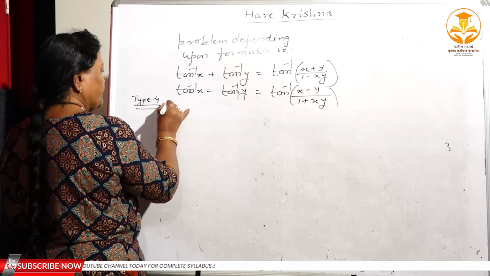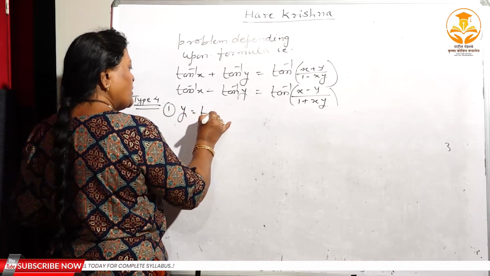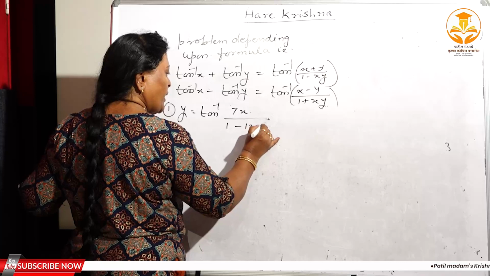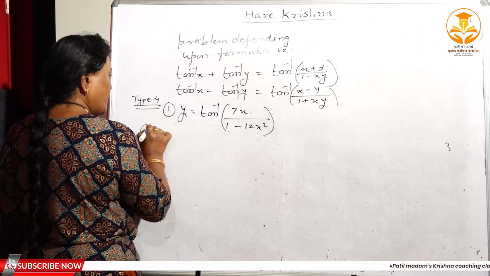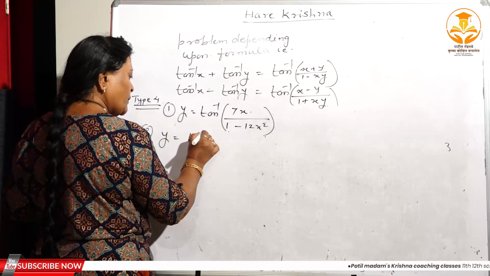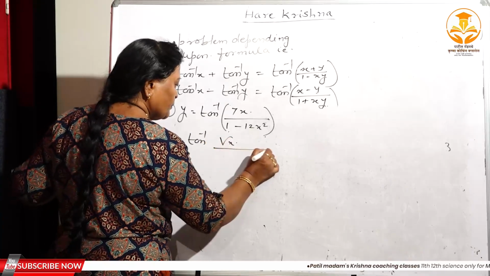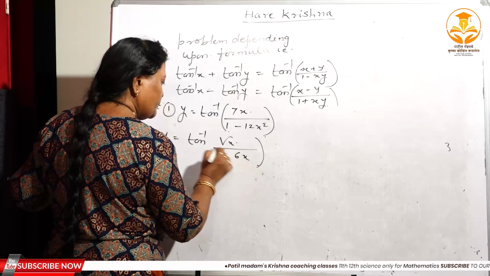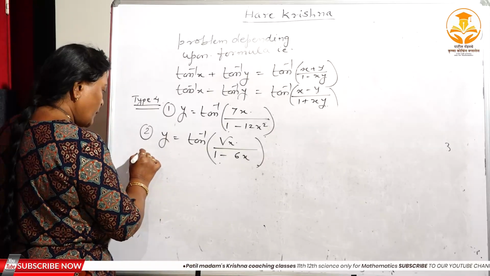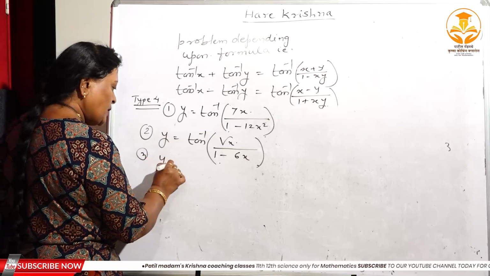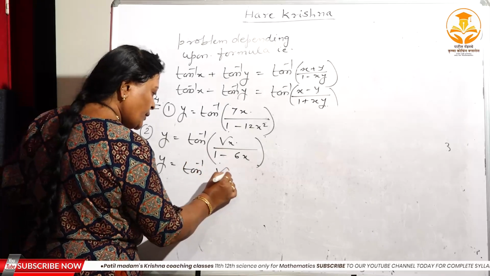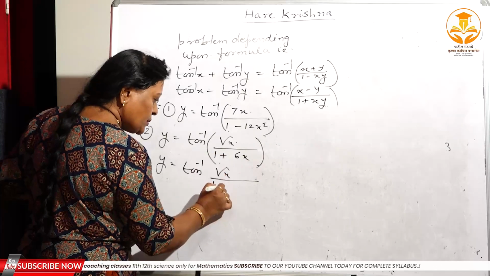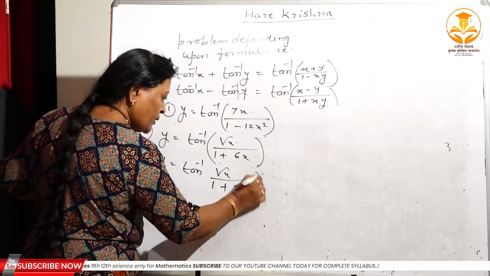First one, y is equal to tan inverse of 7x minus 12x square. Second, tan inverse of root x, 1 minus 6x. Again, y is equal to tan inverse of root x plus 20x.